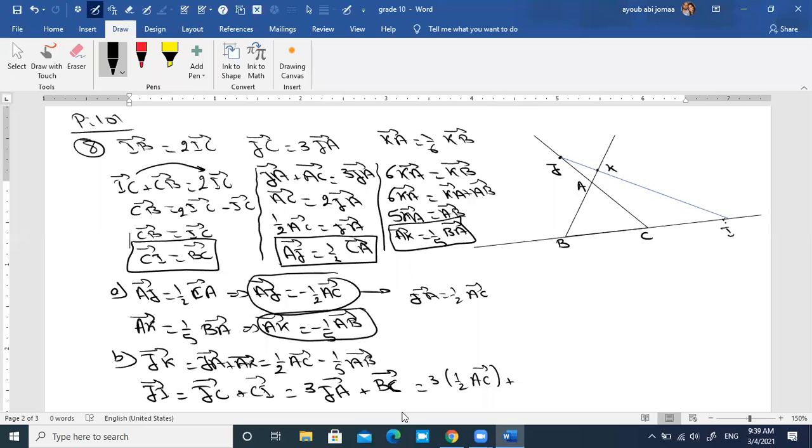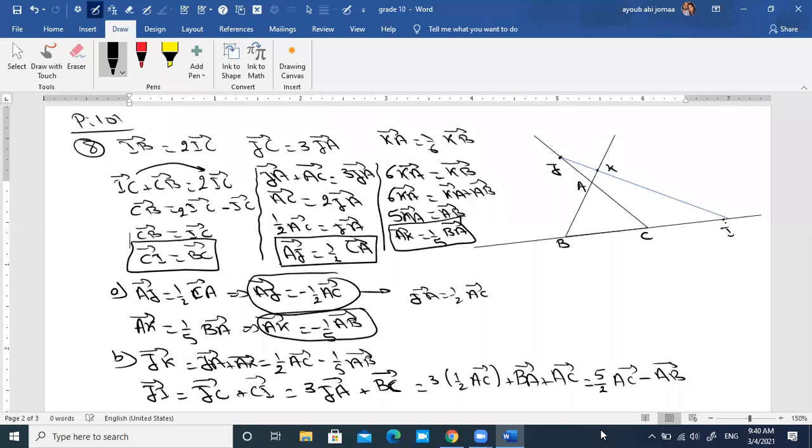Because the question asks for a linear combination of AB and AC, so if you insert point A here, you'll get the vectors BA, which is negative AB, and AC. So BA plus AC, which is equal to 3 over 2 AC plus AC, 1.5 AC plus AC, which is 2.5 AC, which is 5 over 2 AC, minus AB.